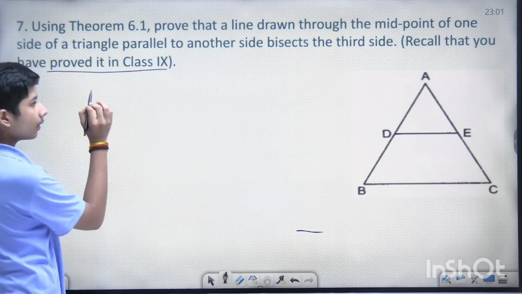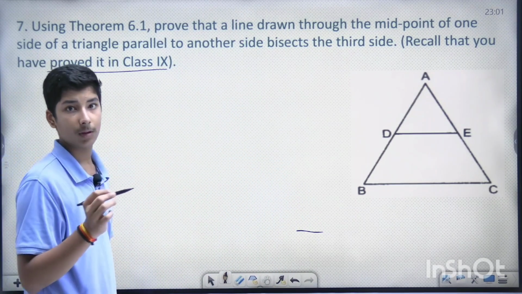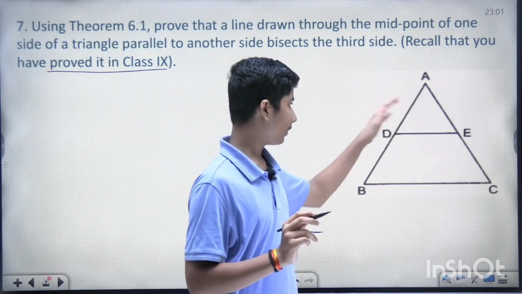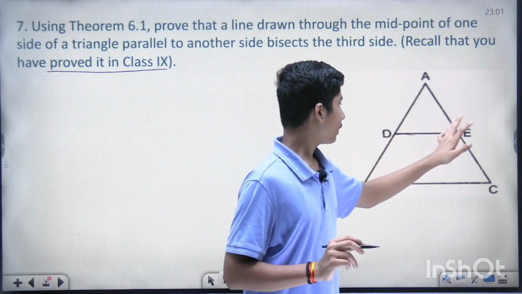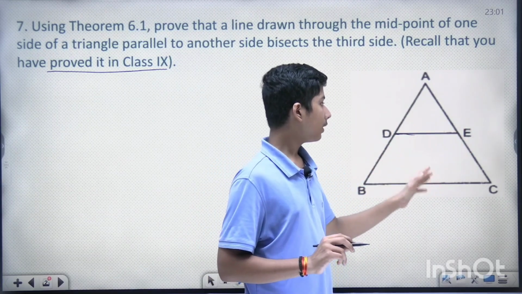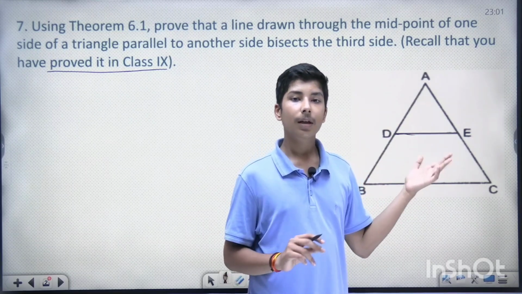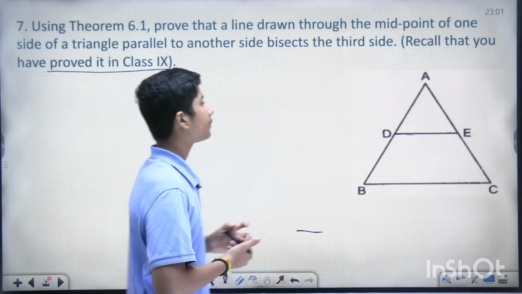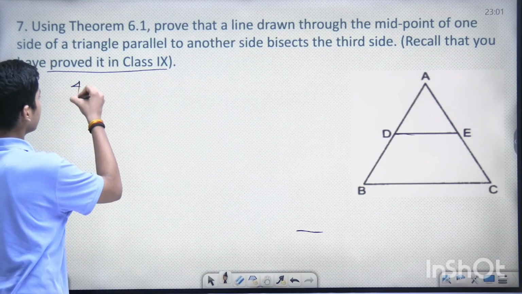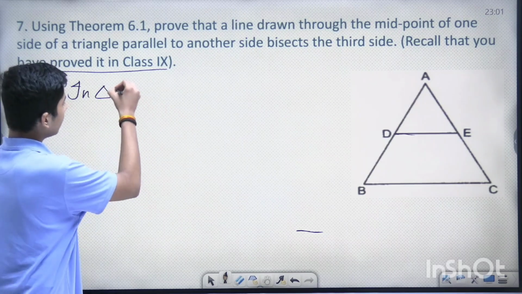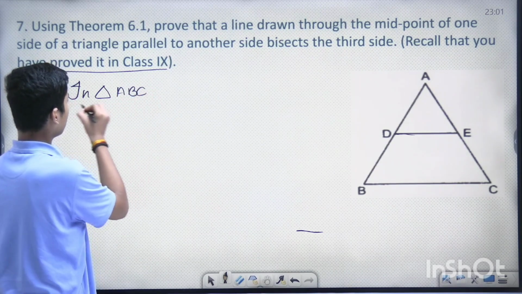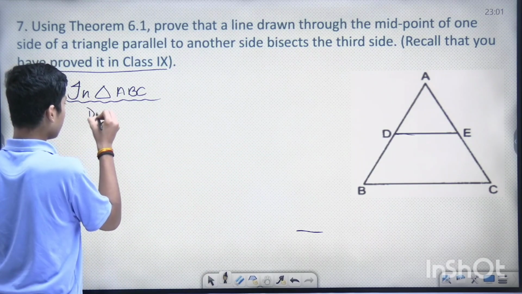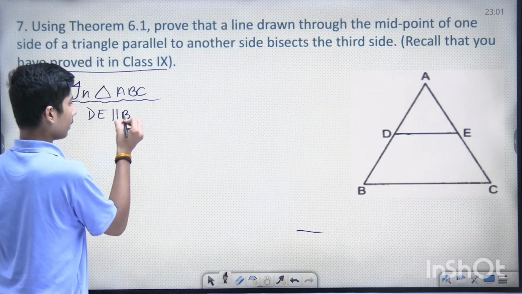So, what is the BPT theorem? If a line is drawn parallel to the second side, it will divide both sides in the same ratio. So in triangle ABC, DE parallel to BC.